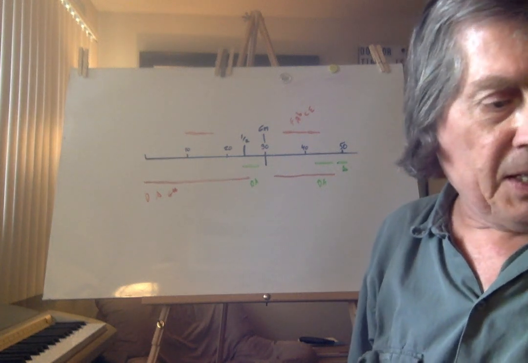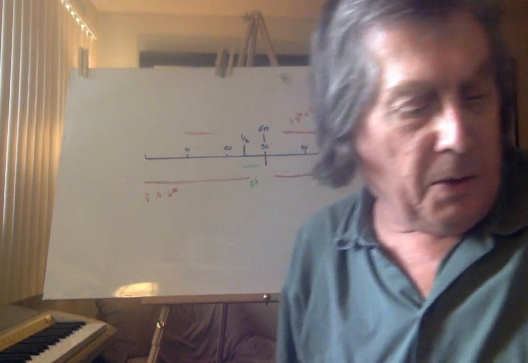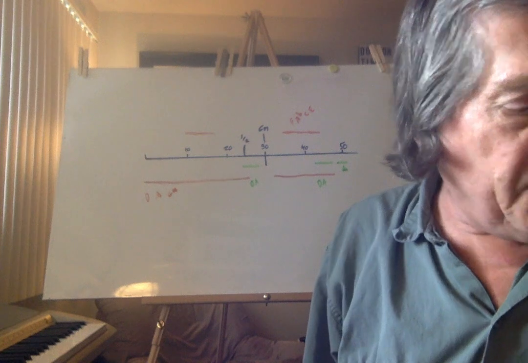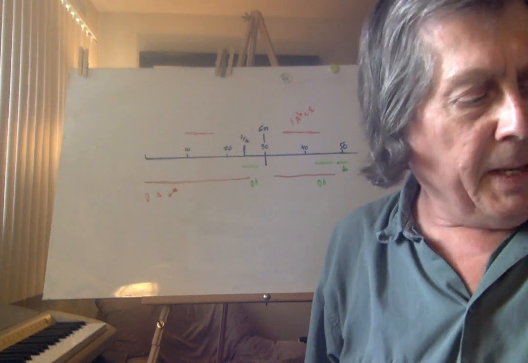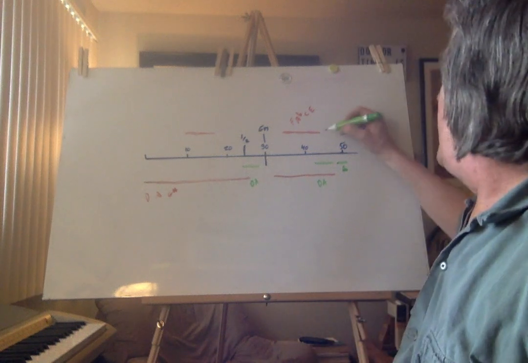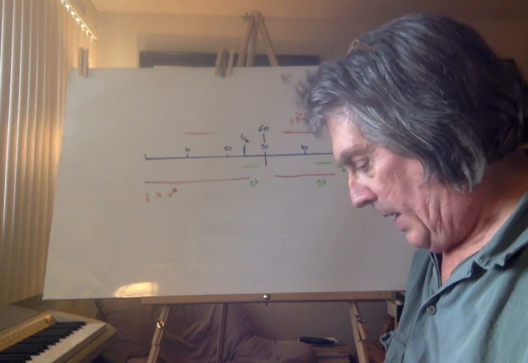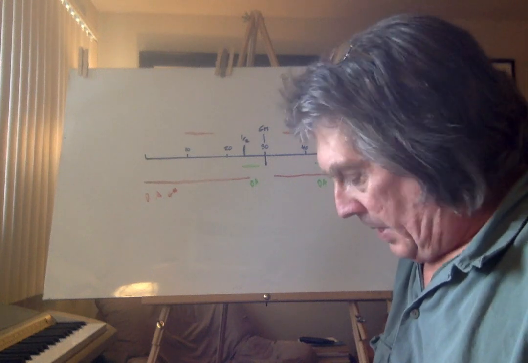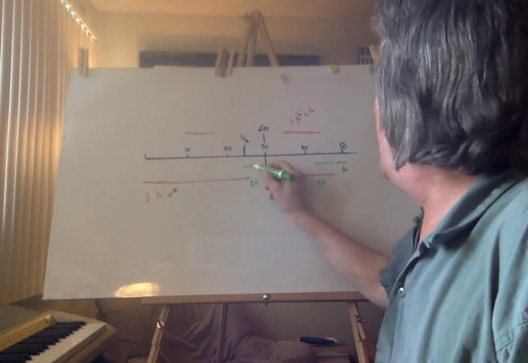Now, there are a couple other things that are kind of interesting here. There are other places, but one of the very interesting things I found is in measures 14 and 15 over here, this little ostinato.